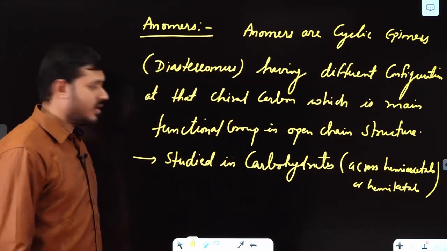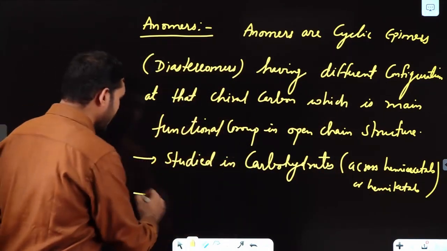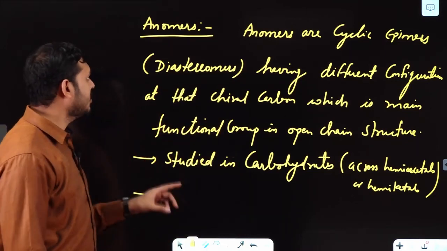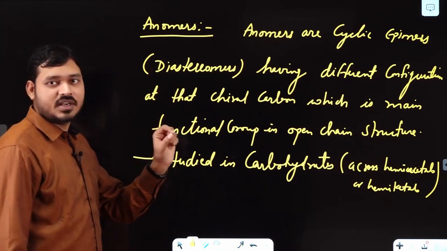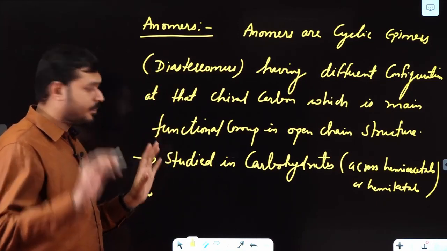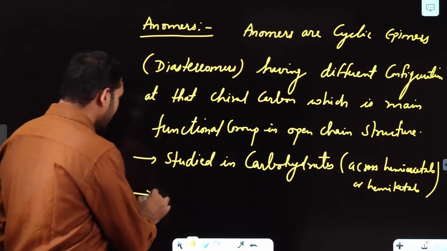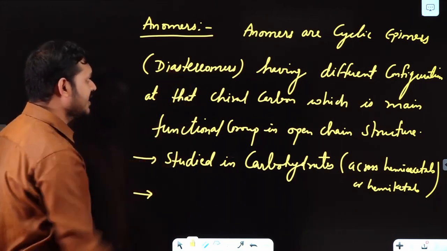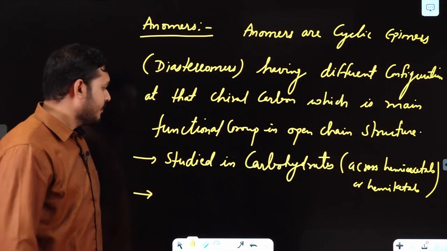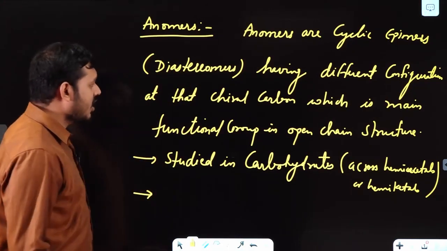We will discuss it later in the corresponding chapter. Okay, for here you just need to know anomers are diastereomers. Second thing, across one chiral center they are different. Clear to you all? Okay, so I think all have understood.